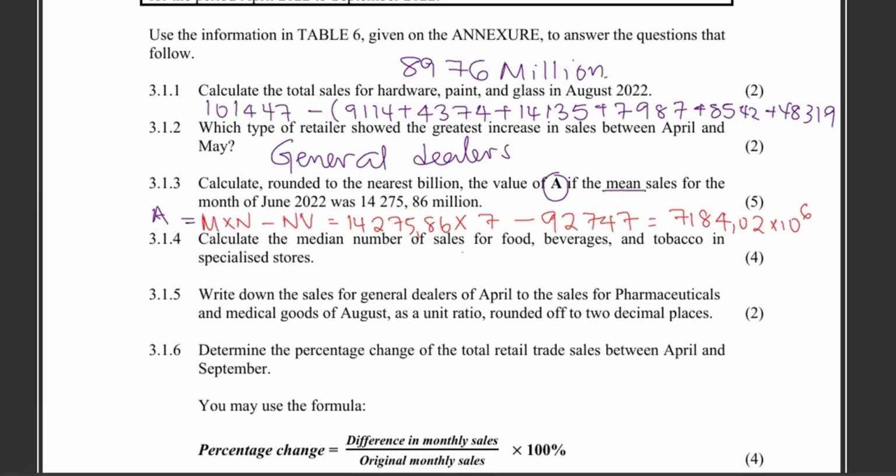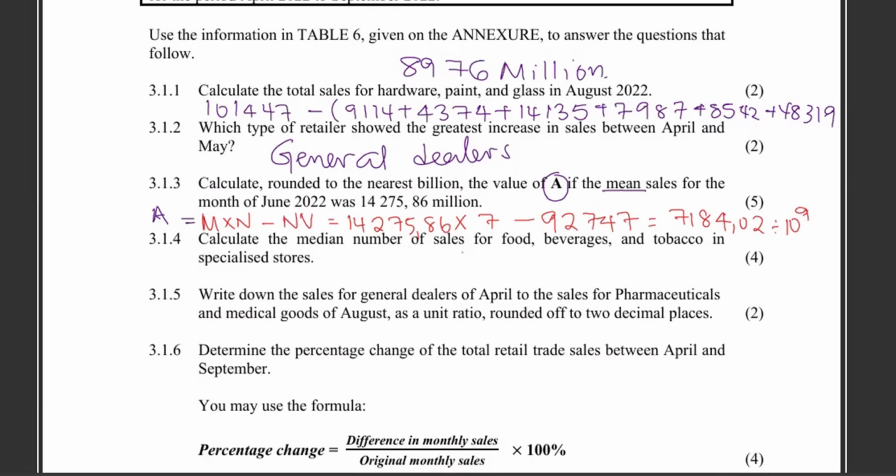So meaning we are supposed to divide by 10 to the power 9 to make it a billion. A million is to the power 6. A billion is to the power 9.